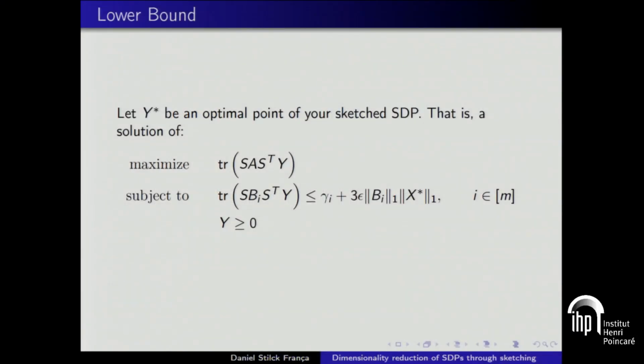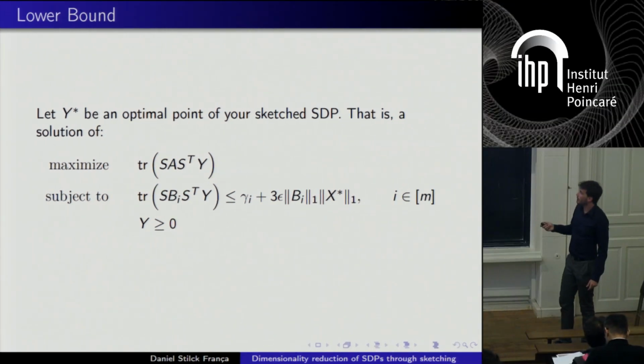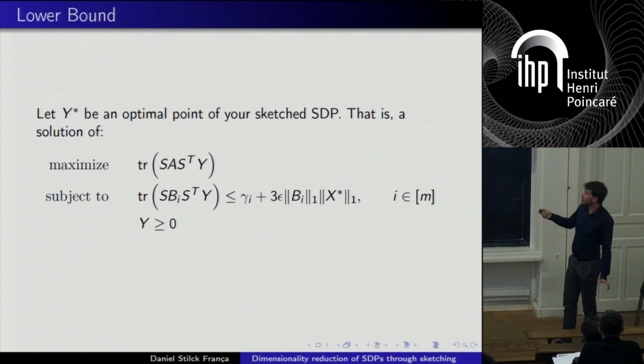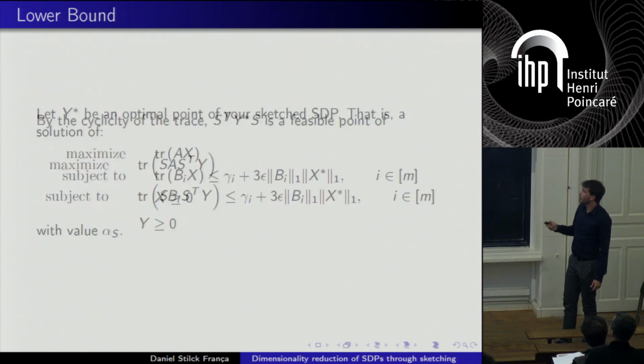So what do we do now to show that the value of your sketched SDP cannot explode? You take some optimal point y star of the sketched SDP, so of the smaller dimensional one, and we know that it then fulfills these constraints and optimizes this.